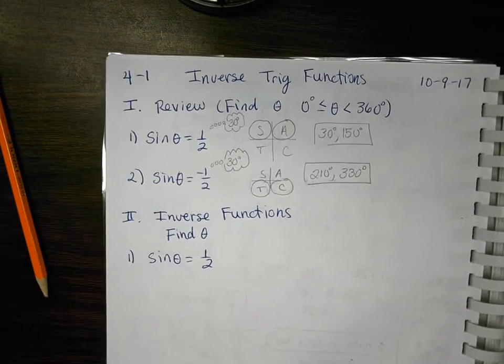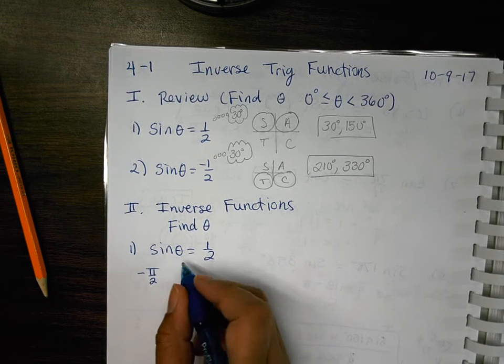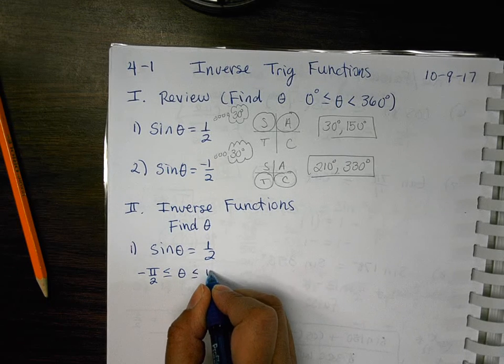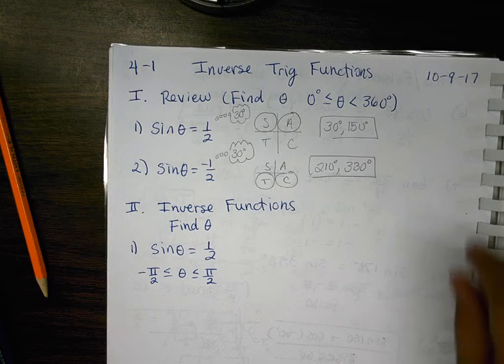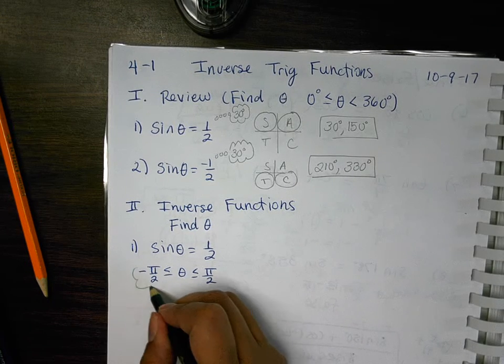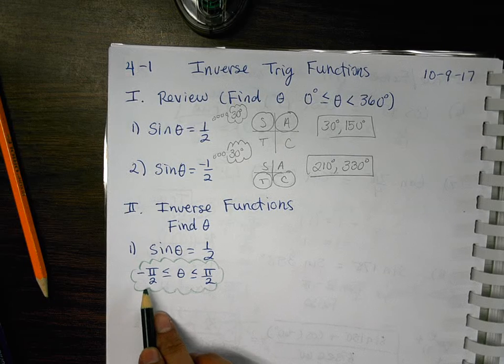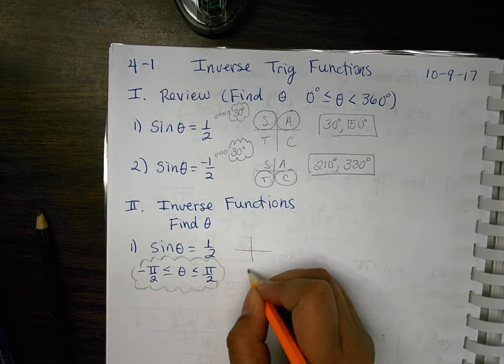Yes, but there's a restriction now. Negative pi over 2 is less than or equal to theta, which is less than or equal to pi over 2. All right, so we now have a restriction on where our answer can lie. What is negative pi over 2? It's at the 270, yes?